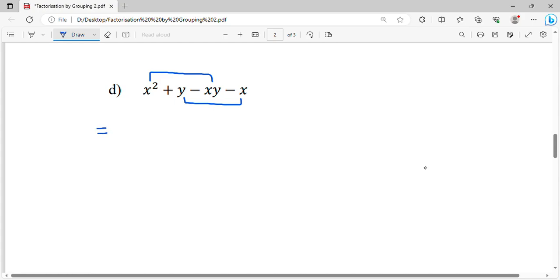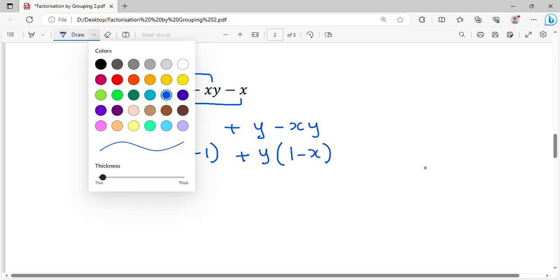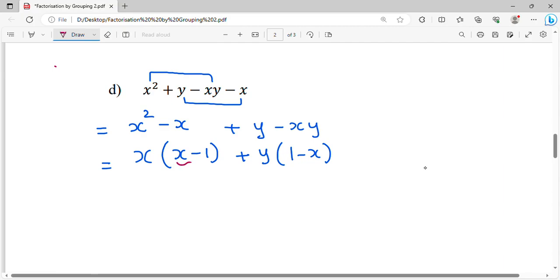So let me rearrange: x squared minus x plus y minus xy. What do I get here? x is a common factor in this, so x(x minus 1) plus, here if I take out y, y(1 minus x). I'll end up again with a sort of troublemaker for me. This is x minus 1. This is reversed.